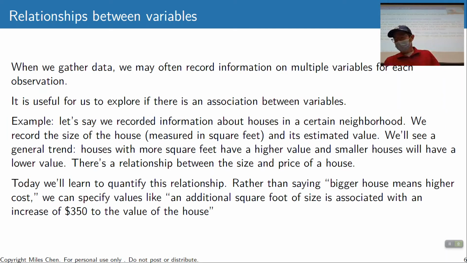So the idea here, when we want to describe relationships between variables, is that we go out, we collect data, and for each observation or each individual that we study, we might ask more than just one question, okay? It could be just one question.